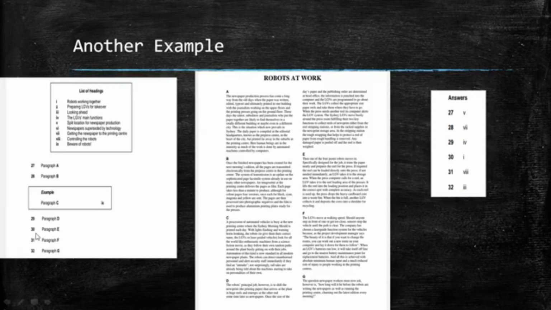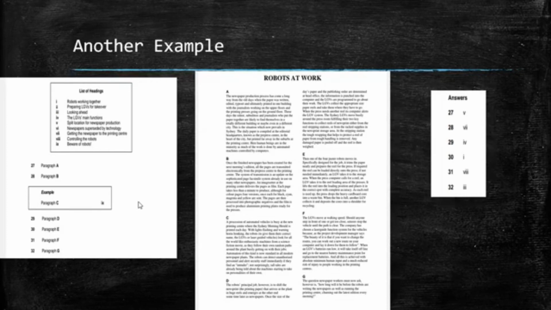Now, there are 9 options given in the list of headings, and there are how many questions? 6 questions are there. They have used one heading for paragraph C, the last heading, that is beware of robots. So it means this heading will not be repeated again. Now you have got 8 headings and 6 questions.